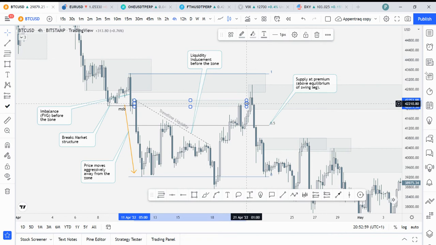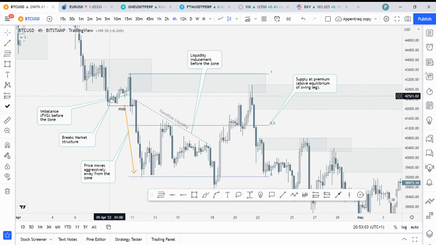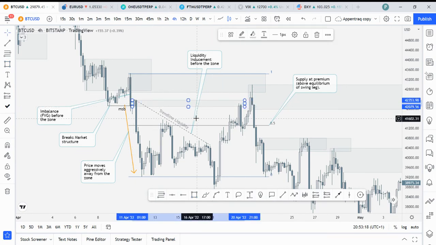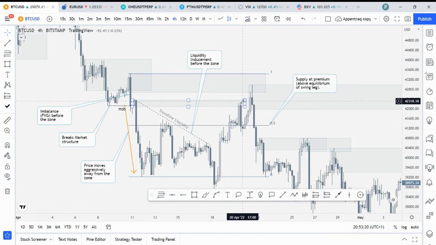Fair value gaps are liquidity. When you have a fair value gap before the zone, you can be confident that price is likely going to get to that level. If you look at this, for example, rejection could have happened from here, but price eventually went back up again.